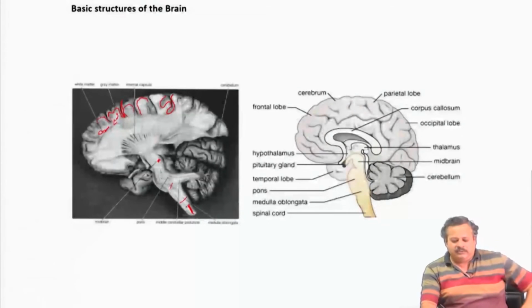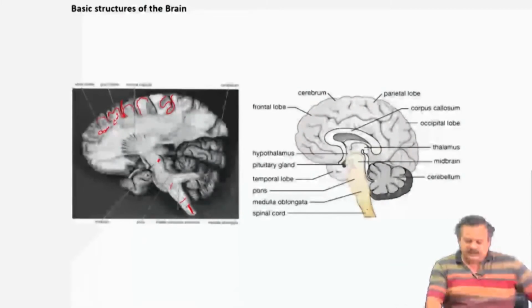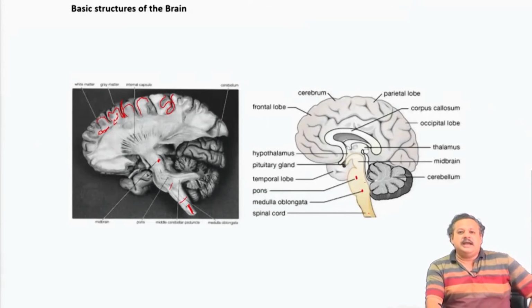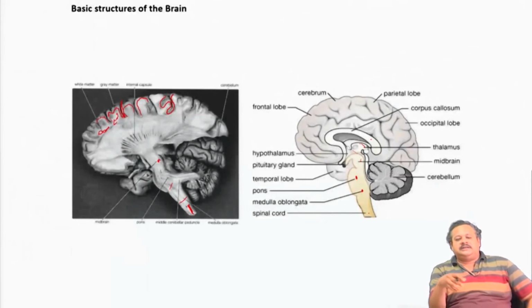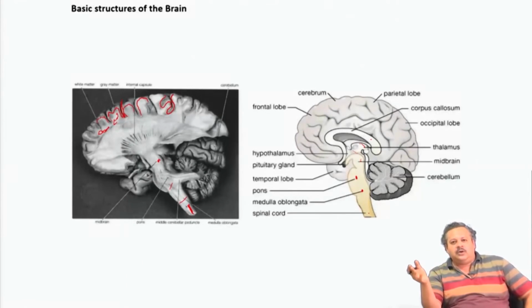If we look at the picture on the right hand side, it is more clear, with the medulla oblongata and the pons in this brainstem, and the midbrain ends where the thalamus starts off in the center, and this thalamus is the gateway into the cortical region.